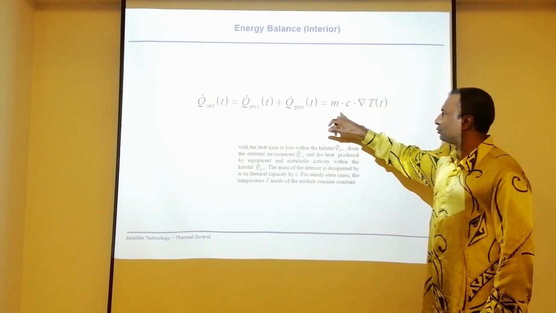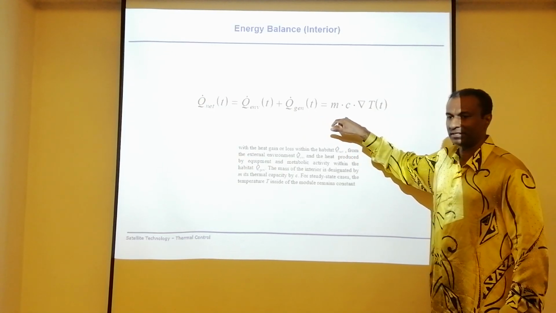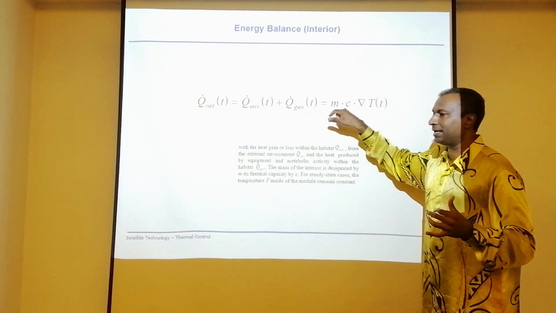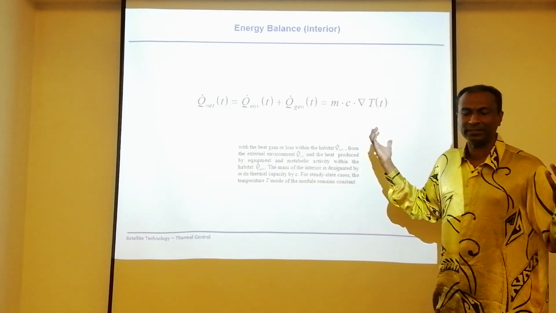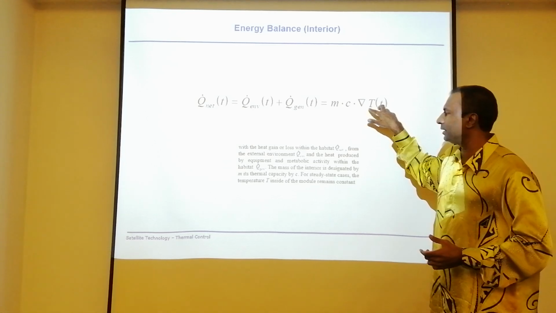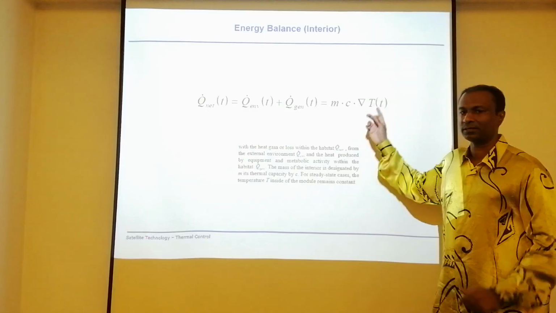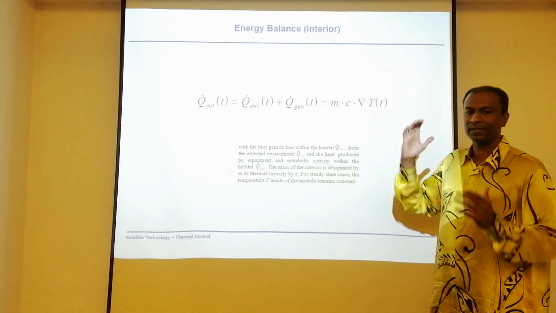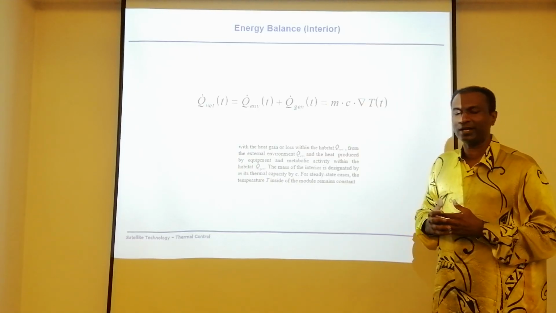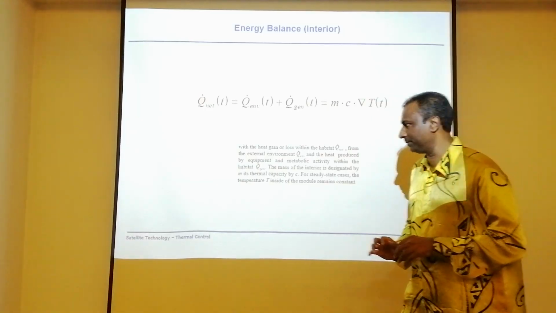So you want to see the actual heat involved in that particular structure, which is nothing but m c delta T. You should be able to find this. Remember, you can do this in 1 dimension or in 3 dimensions, that means x, y, and z. For numerical approaches, we can always calculate the 3 dimensional temperature variations.